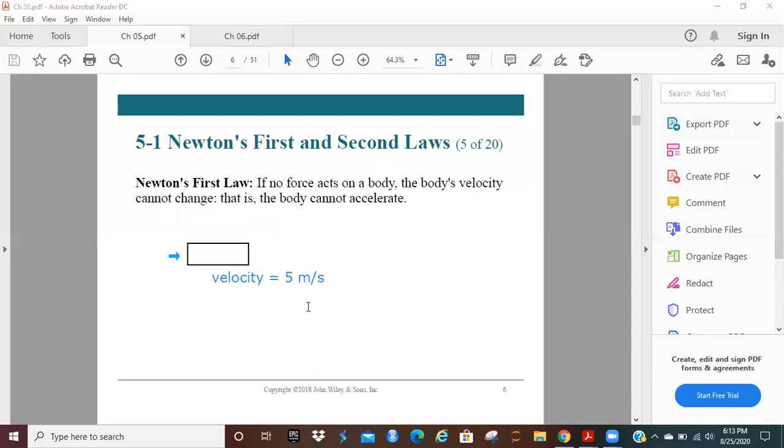It doesn't change. An acceleration, or in this case deceleration, does not occur. This body's going to stay in motion indefinitely. Something has to come along to change that particular velocity. So that's Newton's first law. In other words, change in velocity is not going to happen until another force is applied.